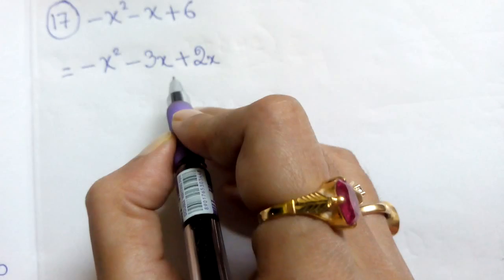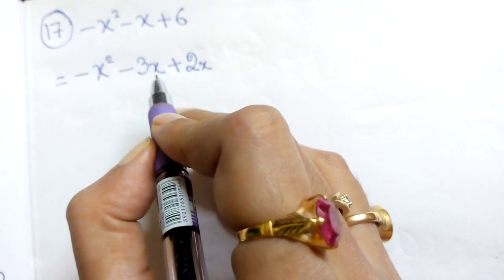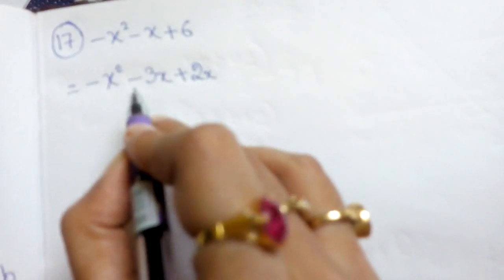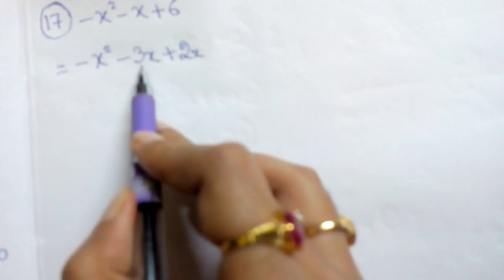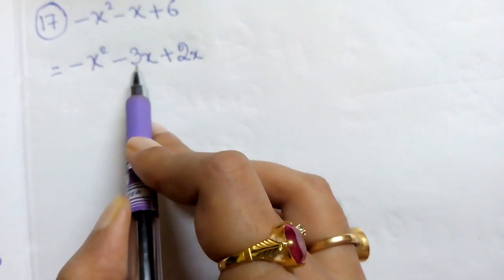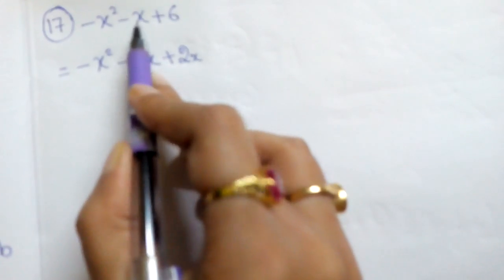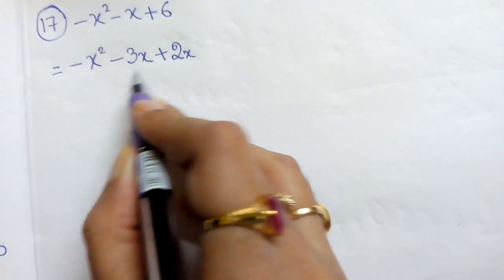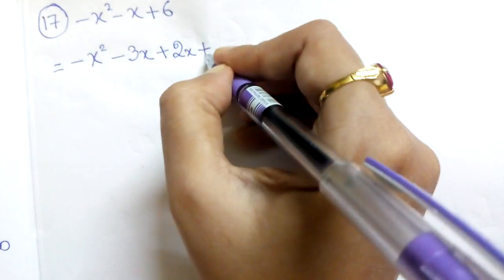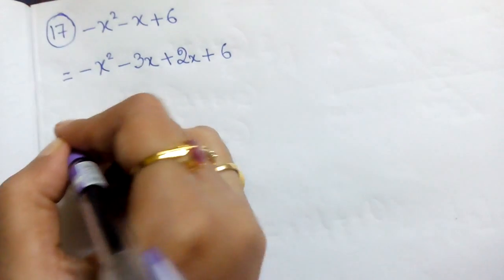I will be writing the sign of greater magnitude. So which one is greater? 3x is greater, so I'll be getting minus x. So I have written minus 3x plus 2x plus 6.